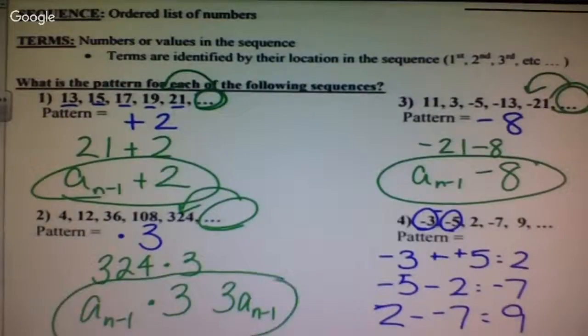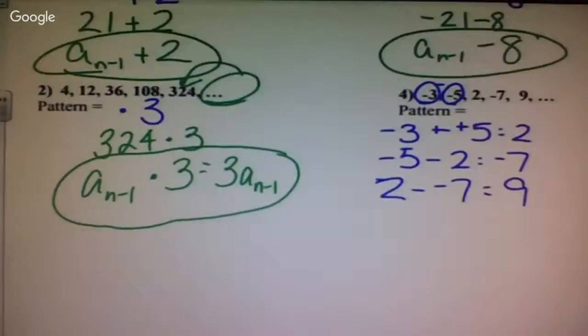Both of those mean the same thing. It doesn't matter whether you multiply at the end or multiply at the beginning. Take a look at this one. If I want to get this next number, what would that look like? 9.